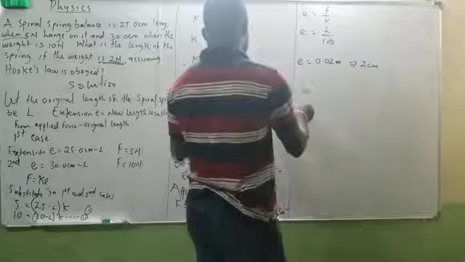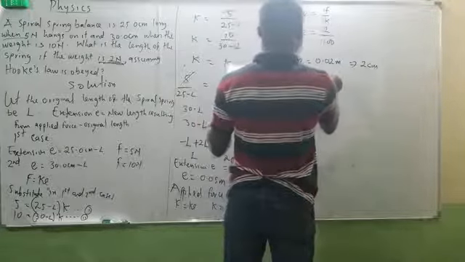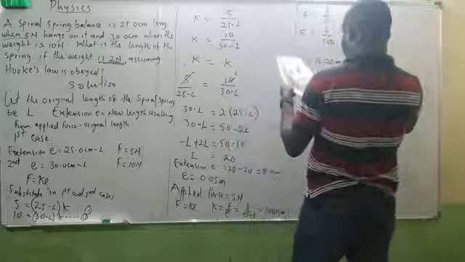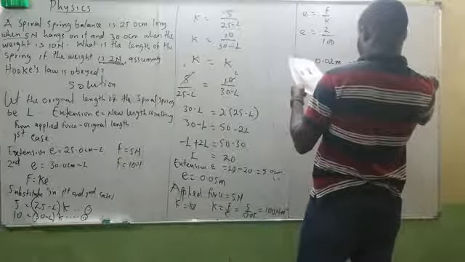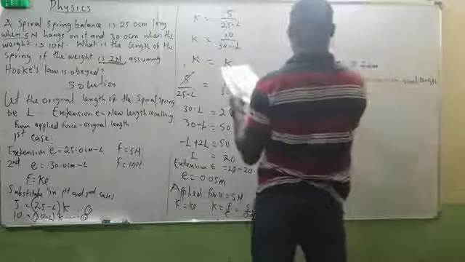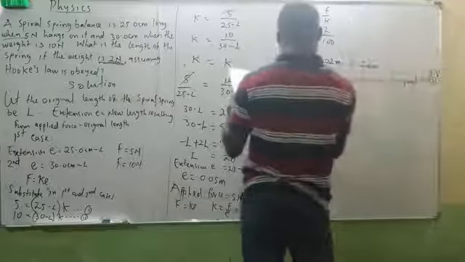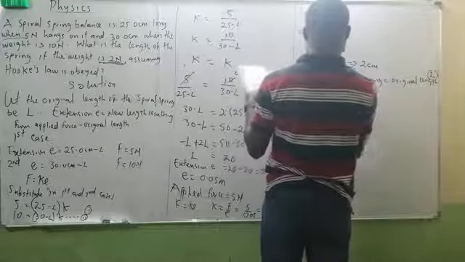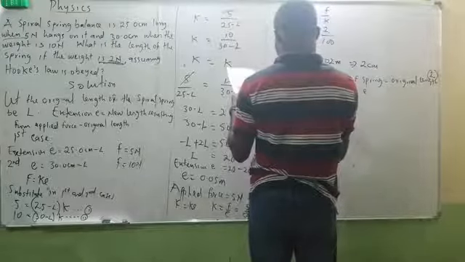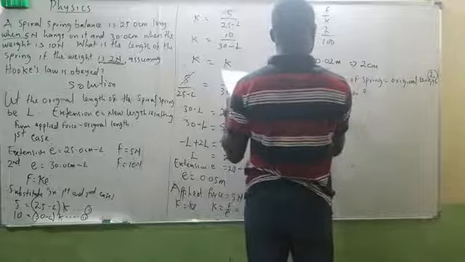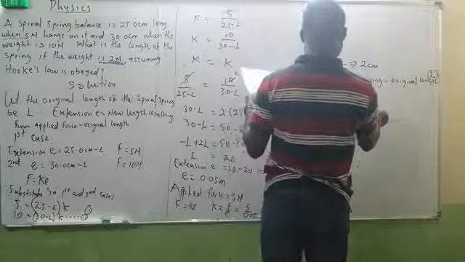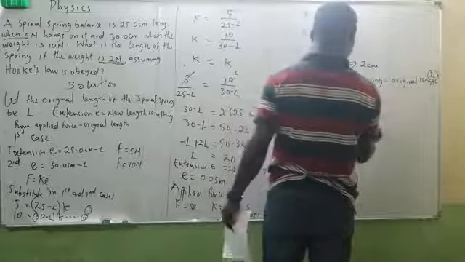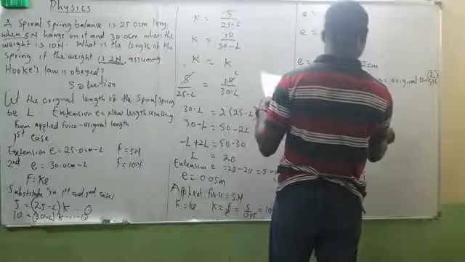Now, I will say the new length of the spring equals the original length, which will be L, please put it as L, plus extension, which will be E. It means I'll be talking about 20 centimeter plus 2 centimeter, which gives 22 centimeter, or 0.22 meter, either of the two.